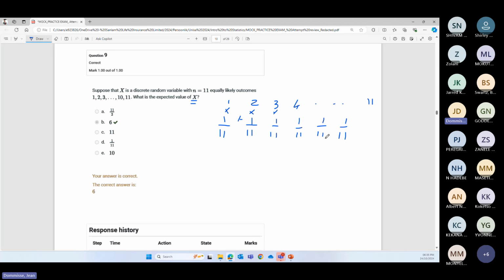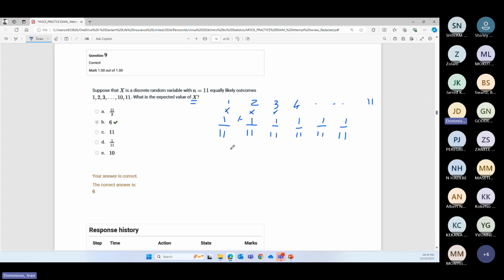And the probability for each one is 1 divided by 11. Yeah, so like you said in the chat, 1 times that plus 2 times that plus 3 times that. So again, it's possible to do it on paper, but it's also easier to do it in Excel.